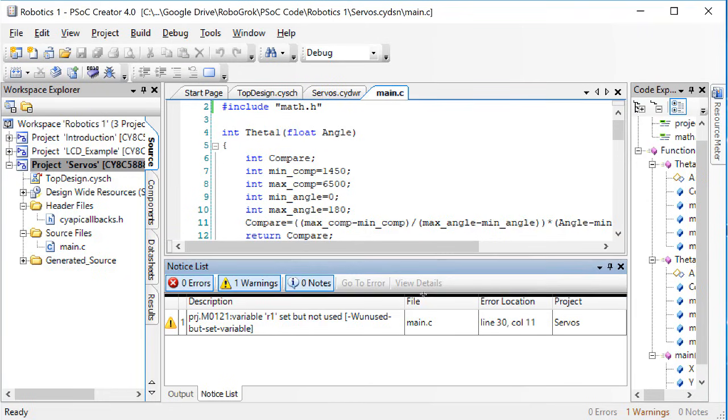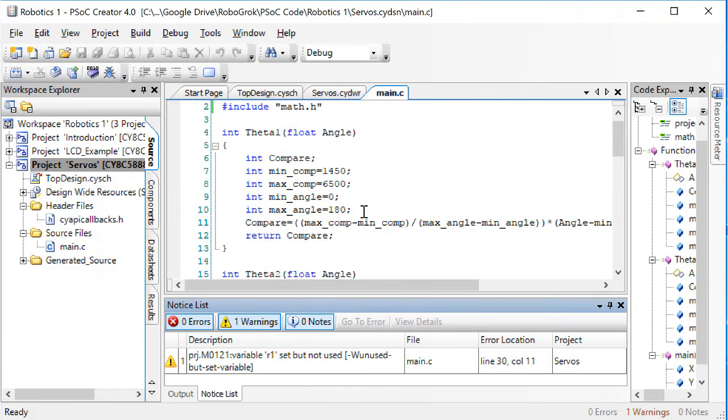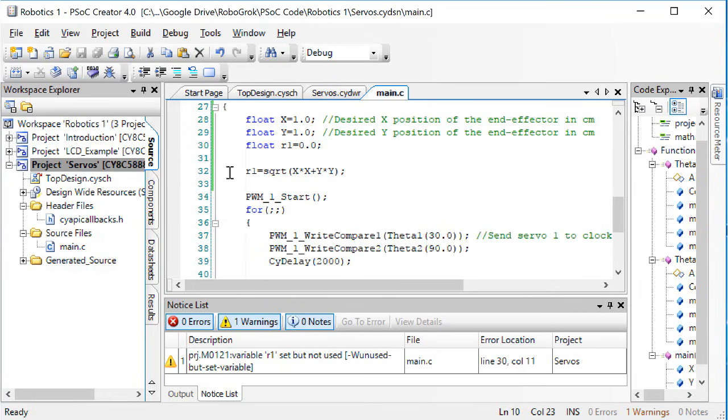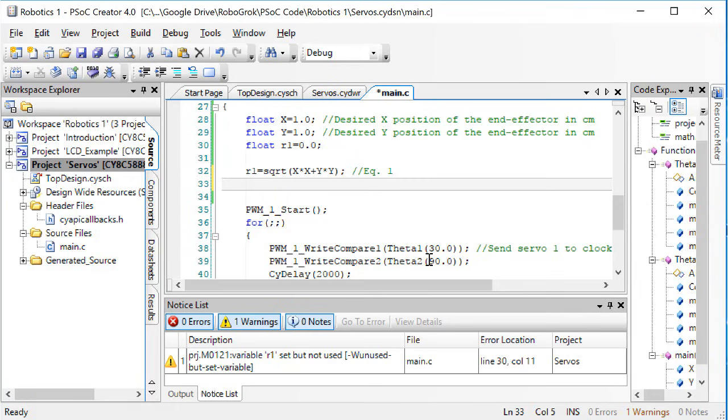That's okay because we haven't yet put in the lines that use R1. So as long as you didn't get any errors and you have a green bar now next to R1, we're still good to go. I'm going to mark this and say that this is equation 1 from our derivation. Let's move on to equation 2.